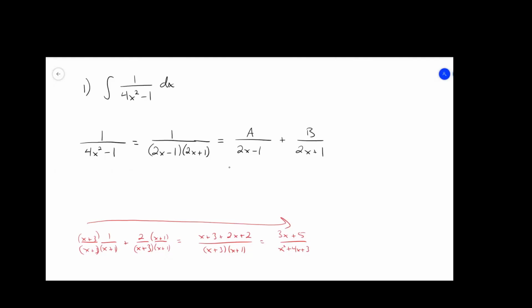What we're doing now is we're going backwards in the other direction. I would like to figure out how I get from this term to the one that I started with, these two things added together. And right away, it's probably like, how do you tell if you started with a 3x and a 5 here, how do you know that it's going to end up as a 1 and a 2 like that?